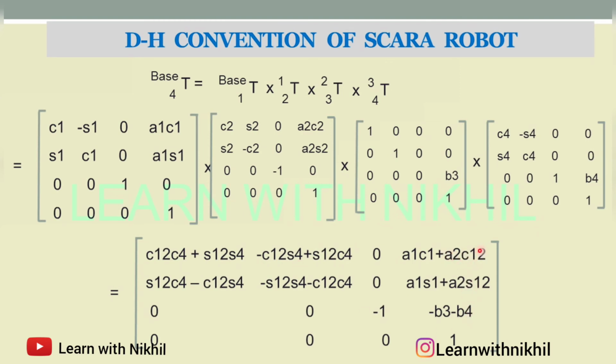So this denotes Qx, Qy and Qz, the coordinates Qx, Qy and Qz. You can put in the values according to the theta values and the offset values and find out. This equation is nothing but cos of theta 1 plus theta 2 cos theta 4 plus sin theta 1 into sin of theta 1 plus theta 2 sin theta 4.